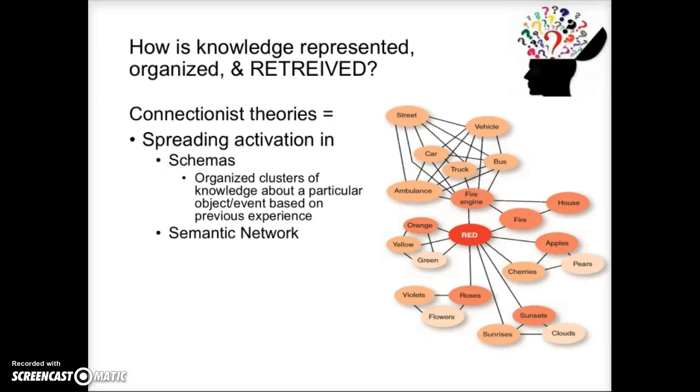A schema is an organized cluster of knowledge about a particular object or event based on your previous experience. So if you pull up your knowledge about a particular object or event, it's going to be clustered with other similar types of experiences.